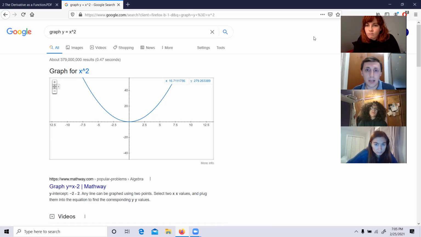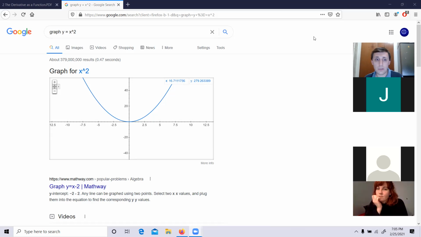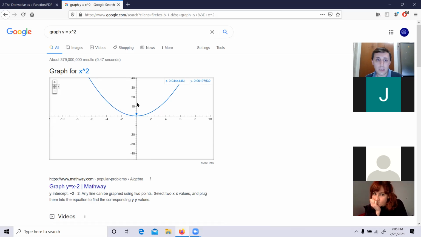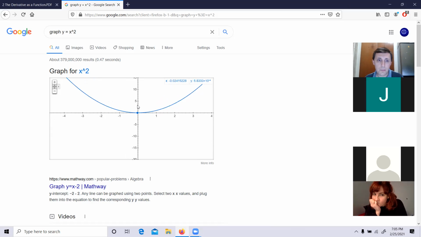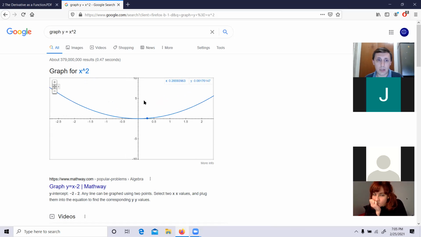Okay, a line. Two people see that. A line, a straight line, a few people say. Let's begin to zoom in, guys. Look what happens here. You see here is 1 and 1. I'm zooming in.